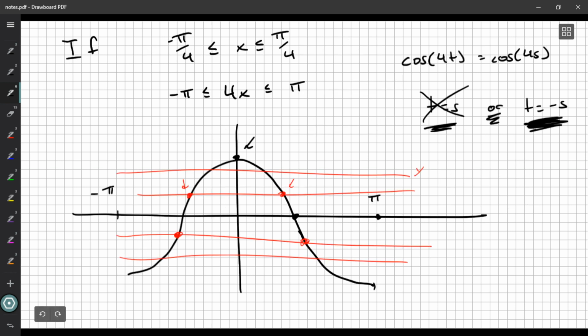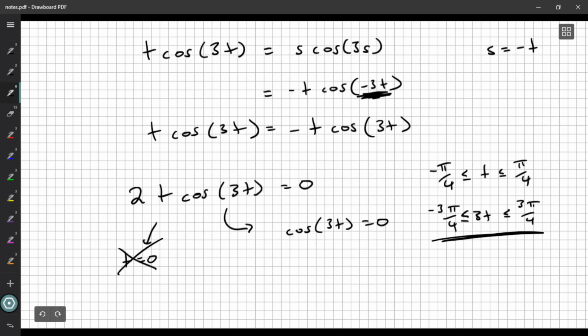Well, this is between negative pi and pi, so definitely within the range we're talking about, it only happens at negative pi by 2 and pi by 2. Sure, it happens out at 3 pi by 2, but that's well beyond the scope of what we're talking about. So 3t is going to be either pi by 2 or negative pi by 2. And that means t is either pi by 6 or negative pi by 6.